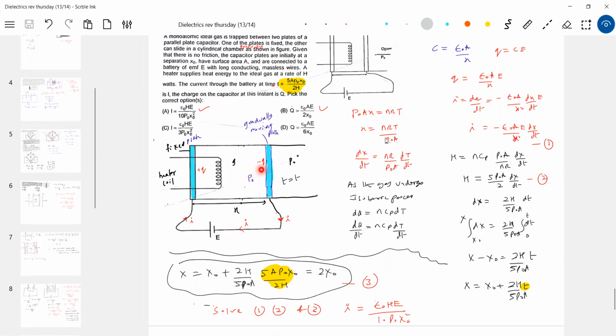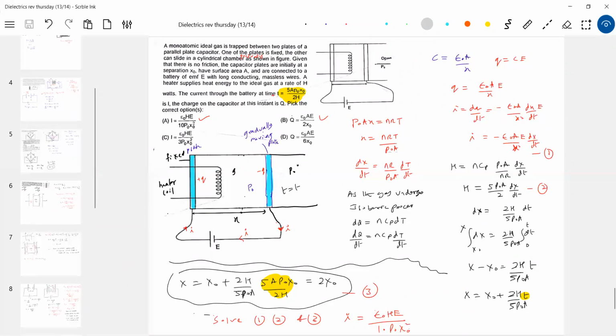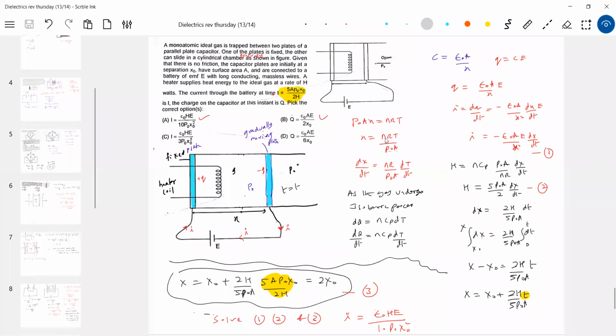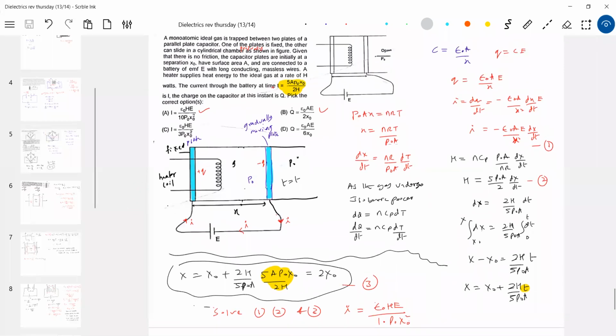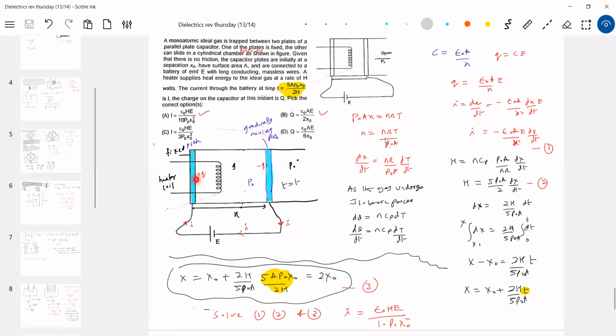If electrostatic force acts, we'll get a quadratic equation for x in terms of I. If I did it like that, then what happened? We'll get a quadratic. Here we neglect the force of interaction between the plates. Okay, sir. I'll add that also. I think I forgot that. Neglect force of interaction. I'll add it here.